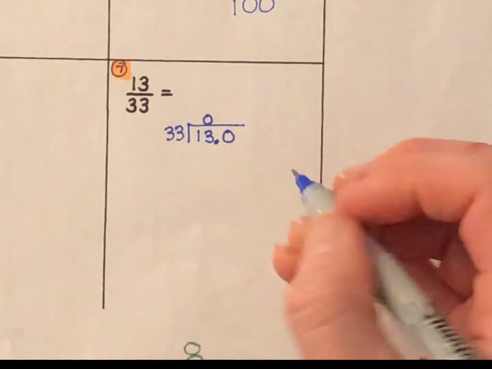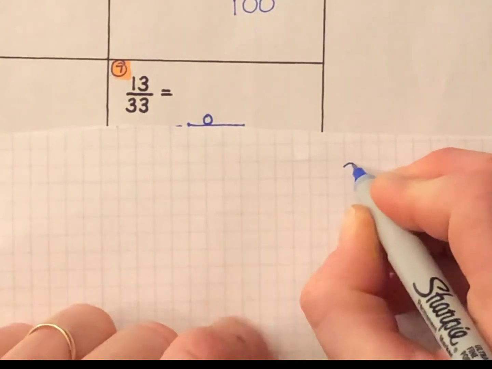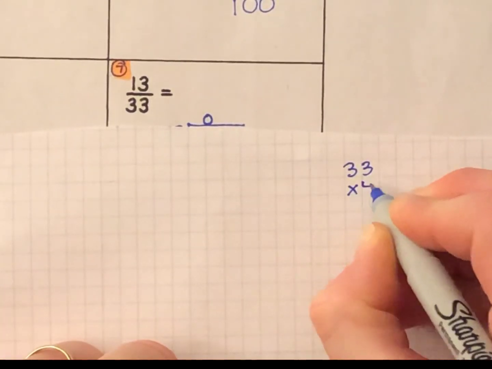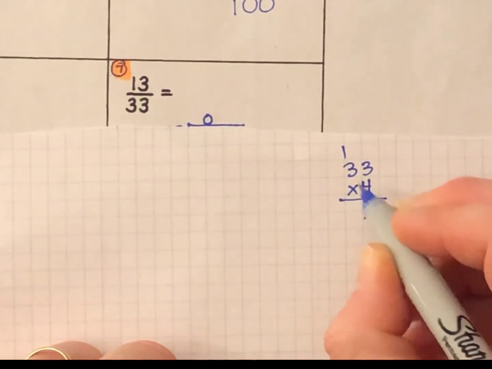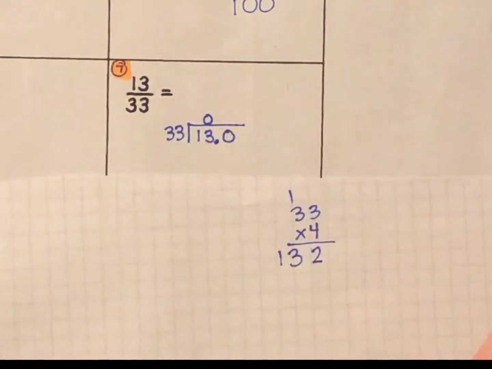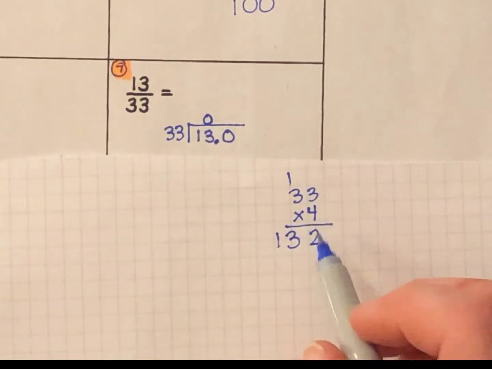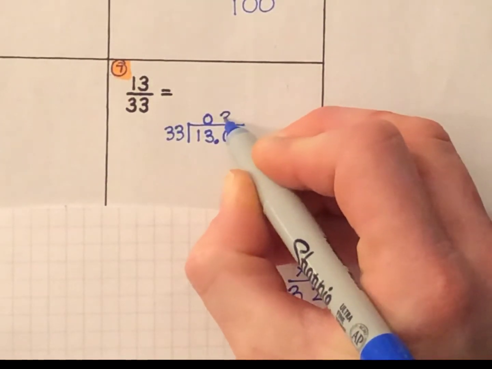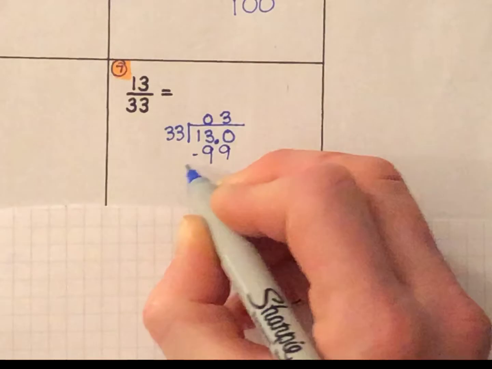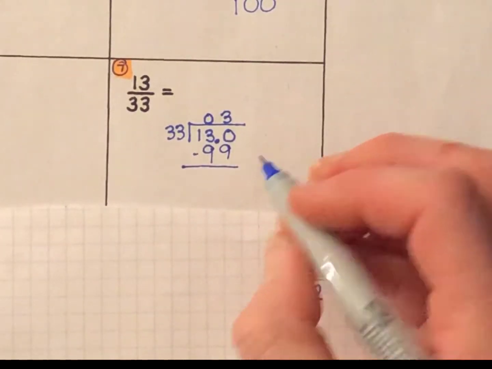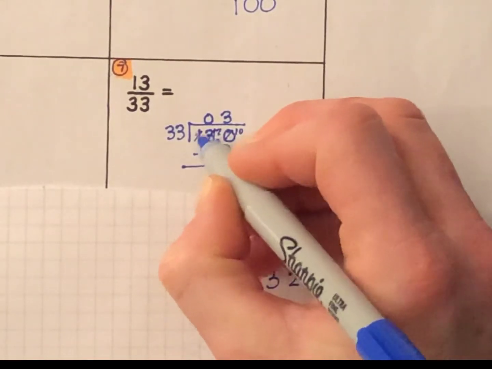Let's try 4. 33 times 4. 4 times 3 is 12, 12, 13, 132. Oh, it's too big, barely too big. All right, so it's not 4, it's gotta be 3. 3 times 33 is 99. That's gonna require some regrouping. So this becomes 10, this becomes 2, 12, this becomes 0.